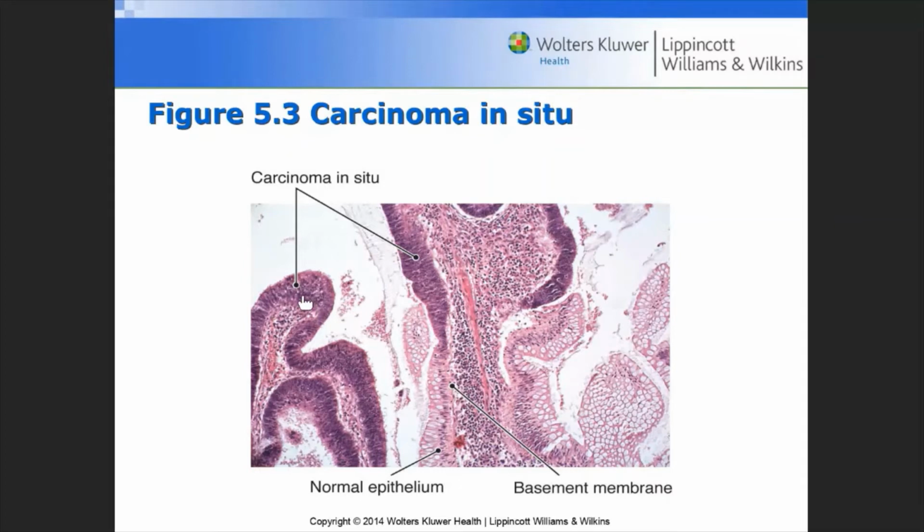It's pre-malignant right here, so that's going to break away and invade. If this is cancer down here in the stroma, that's metastatic right there. And you see here's the basement membrane. The basement membrane is a stroma.